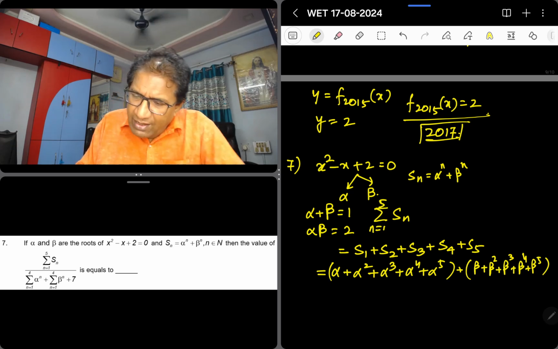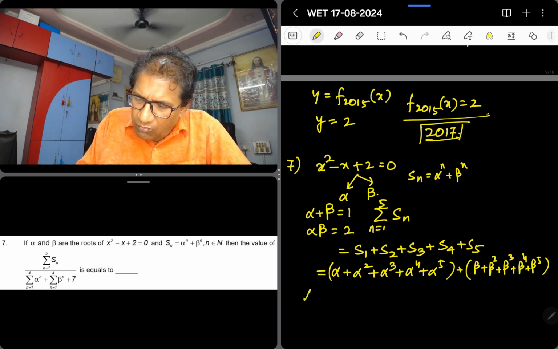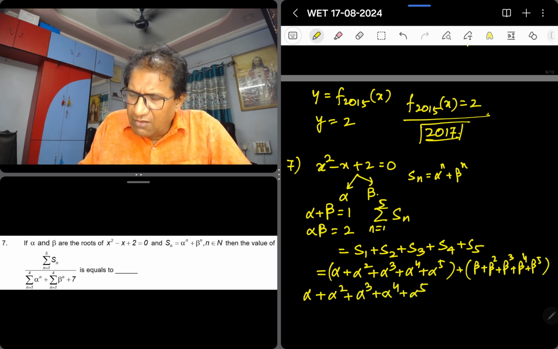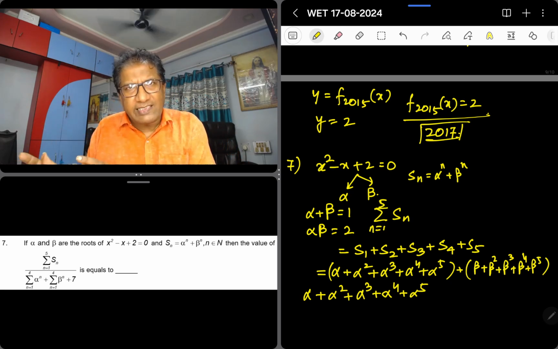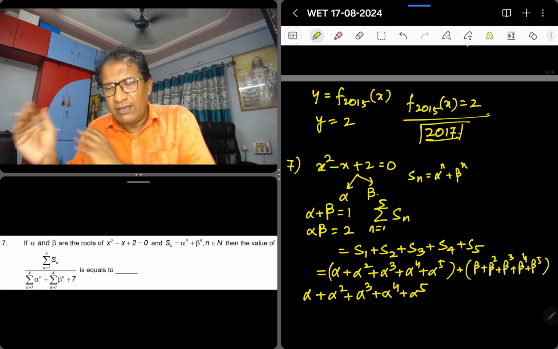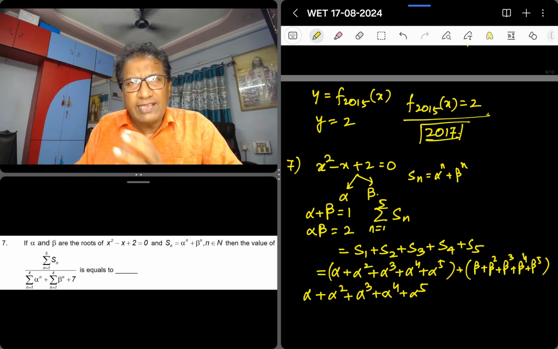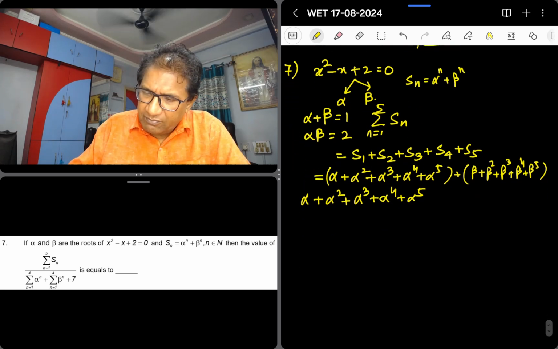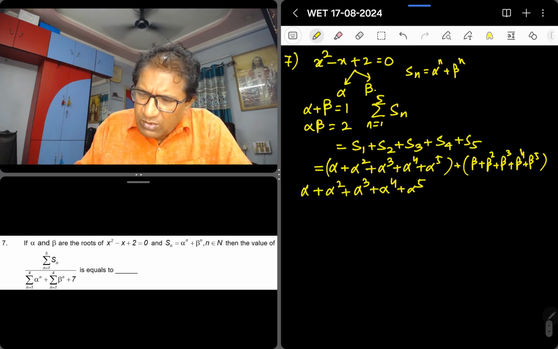So let us just check what will be the value of this one. Because the answer for alpha will be exactly the same for beta also. Only thing is that here alpha is involved, there beta is involved. Nothing else is given more there. So how to solve this one?